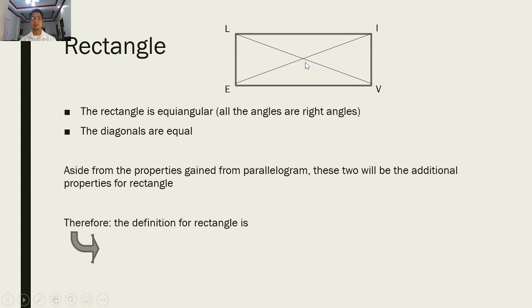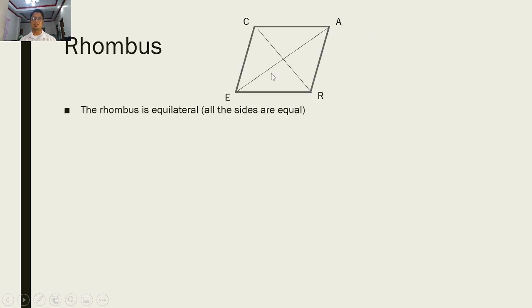They are not perpendicular to each other. So, in this case, they are perpendicular to each other, which means the angle formed here is 90 degrees.